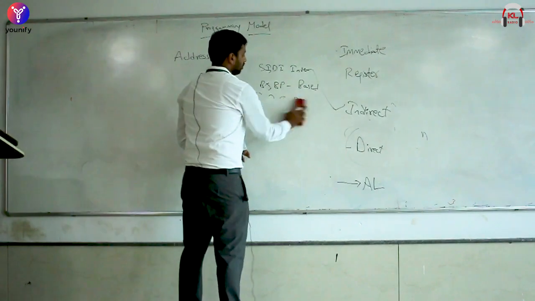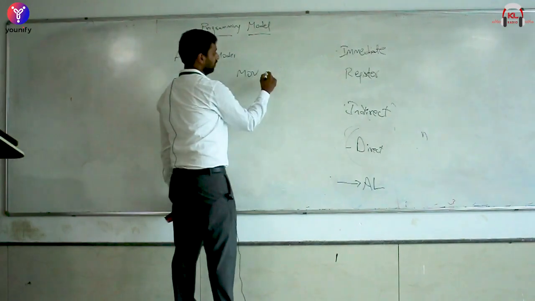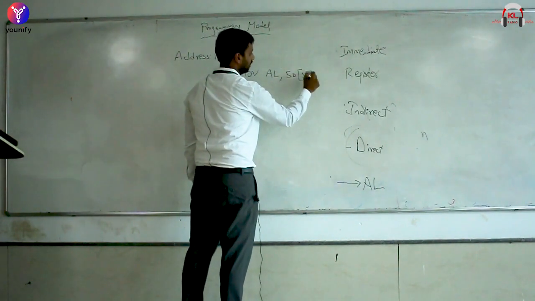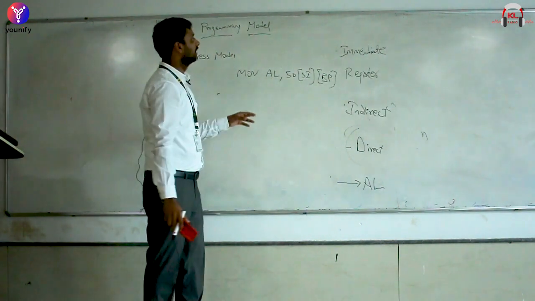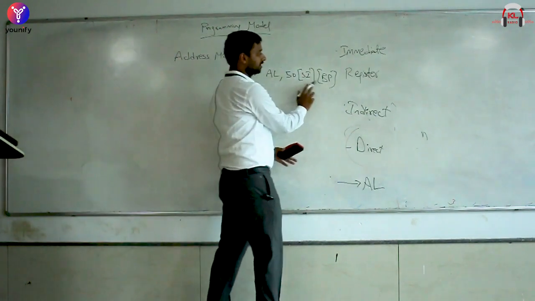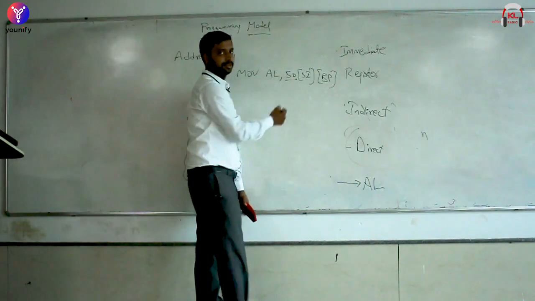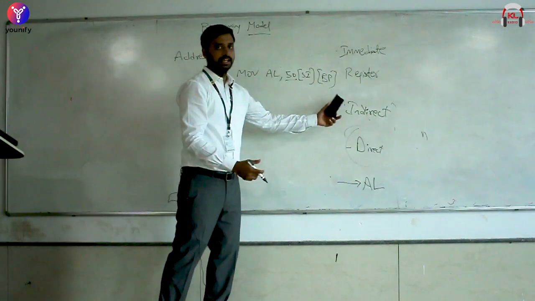So maybe we will close with the last example. 50, SI and BP. What is this addressing mode? It can't be immediate, register, direct or indirect. So we have an index register and a base register and a displacement here. So it's relative based indexed.